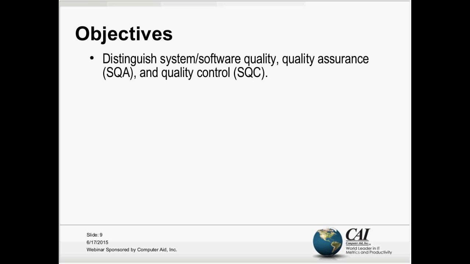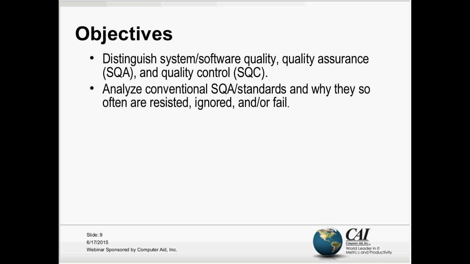So what we want to do is start by distinguishing some terms: system versus software quality, system versus software quality assurance, system versus software quality control. These terms are used, I'll say, somewhat interchangeably and mistakenly, so we want to elaborate on them.